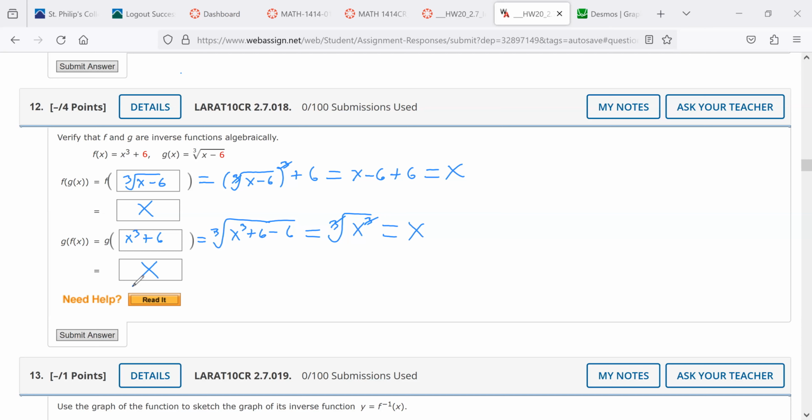So what we're trying to show is this. So if f of g of x is equal to g of f of x, which happens to be x, then f and g are inverses of each other.